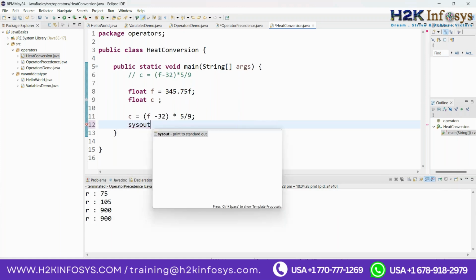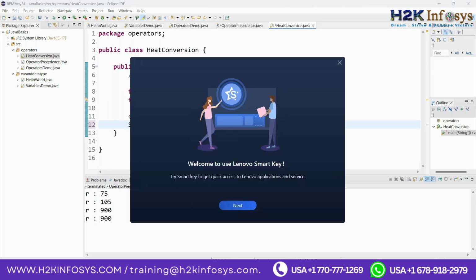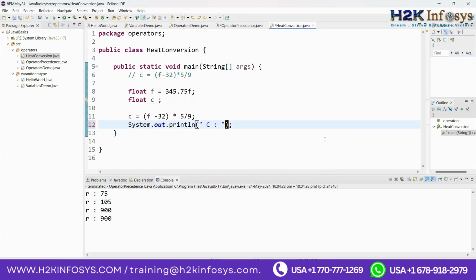Let's see what the centigrade equivalent value is. My insert is not working. Okay, see. Now let us see, 174. Simple.